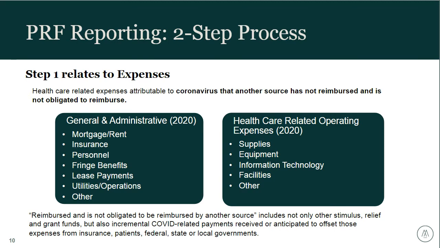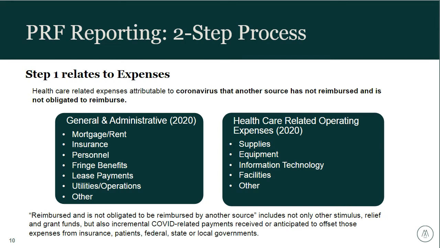They're looking at this in 2 broad categories, and then various subcategories underneath those. If you receive less than $500,000 in awards, you report the data just in the 2 broad categories. If you receive more than $500,000, you'll report data in the subcategories.